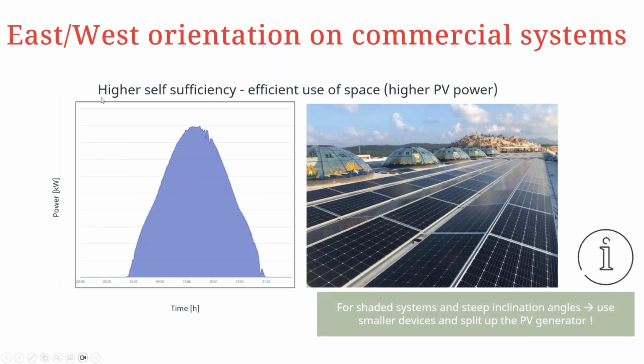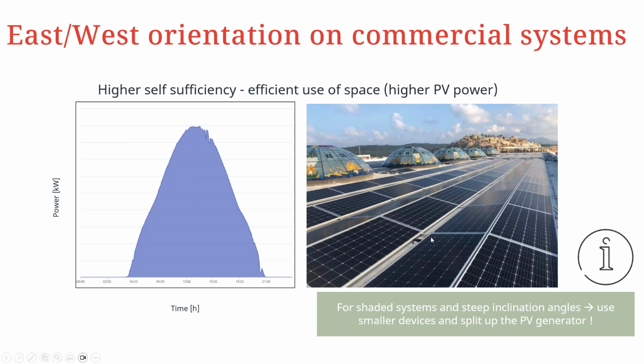So going forward, we'll have a look at east-west orientation on commercial systems, because this actually pops up in cases where we have systems comprising single MPPT inverters. Of course, it is the quest to achieve the highest level of self-sufficiency. This can be helped by the efficient use of space, by generating higher PV power.